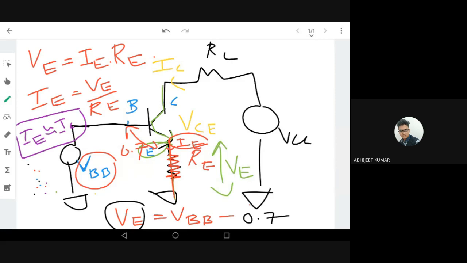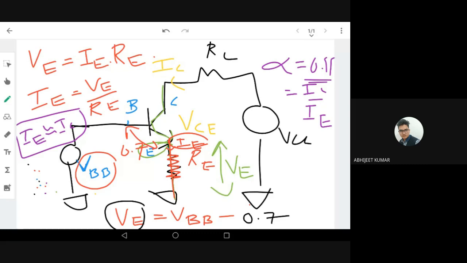Beta tends to be very high, and alpha, which is IC divided by IE, is around 0.99. If alpha is 0.99, IC is approximately equal to IE. The ideal value of alpha is 1, where IB is 0, so IC would equal IE. But practically alpha is around 0.99 or 0.98.